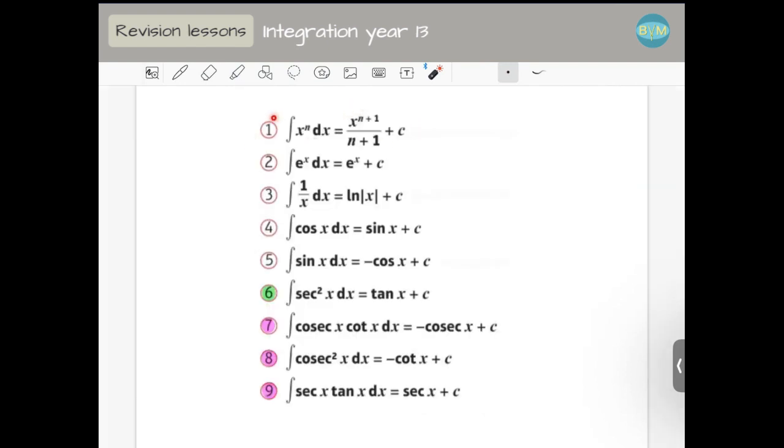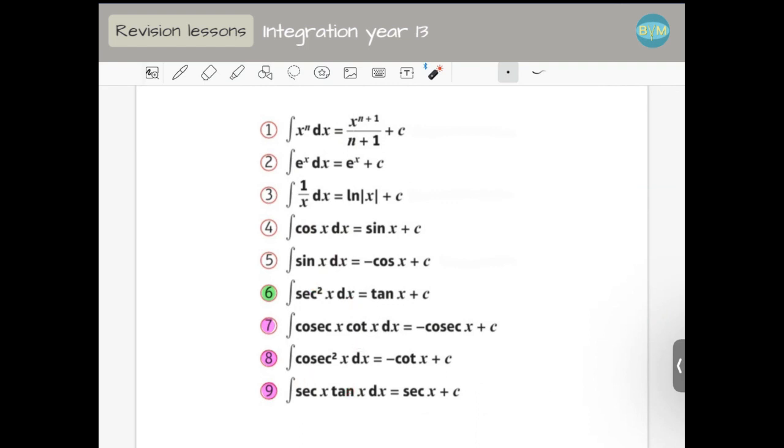These are the polynomials. You know how to integrate them from year 12, adding 1 to the degree and divided by the new exponent, the exponential, the logs. So there are some, and these ones are not in the formula booklet. So all these, you need to remember how to integrate them, but they are quite simple. The ones that are in the formula booklet are these ones.